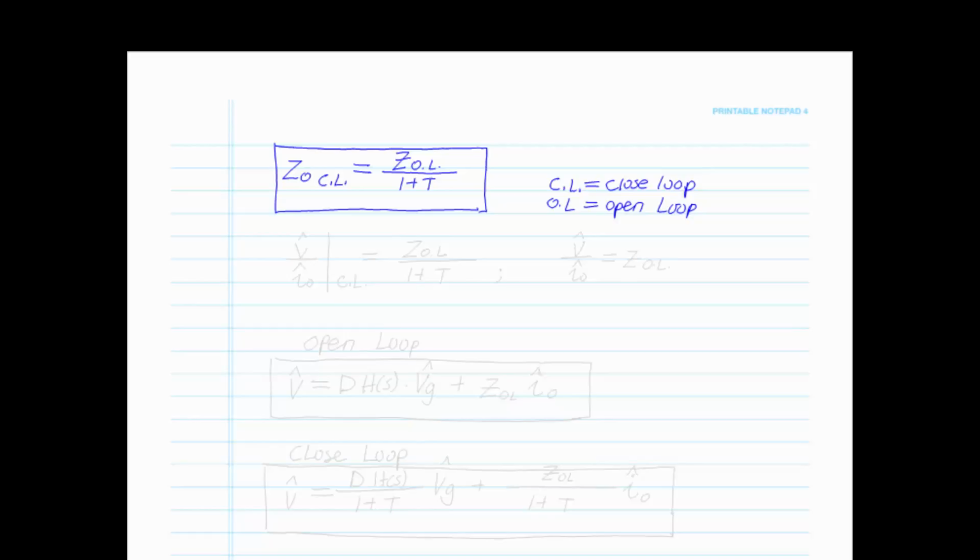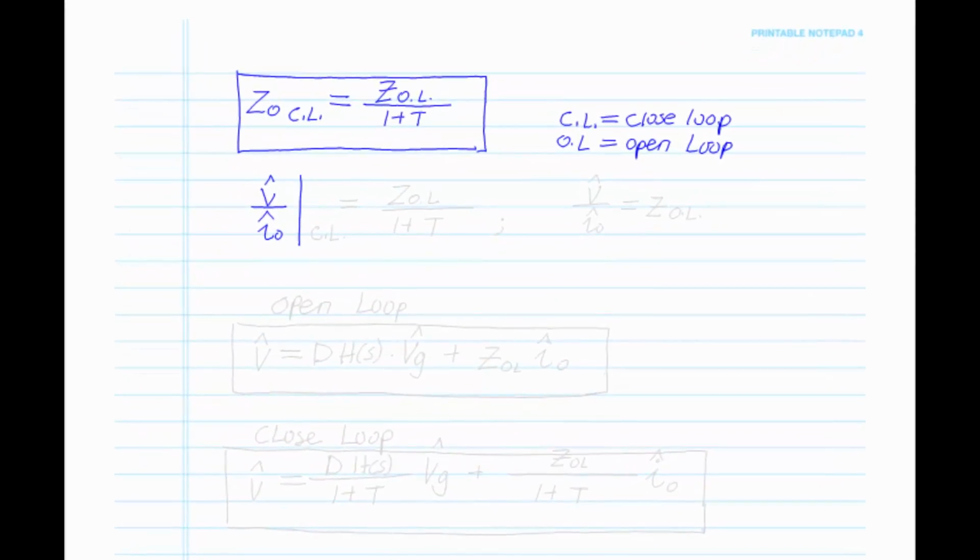So you can see then what we're going to have for the output voltage. For closed loop, it's going to be ZOL divided by 1 plus T, and for open loop, IO, it will be just ZOL, and that's it.